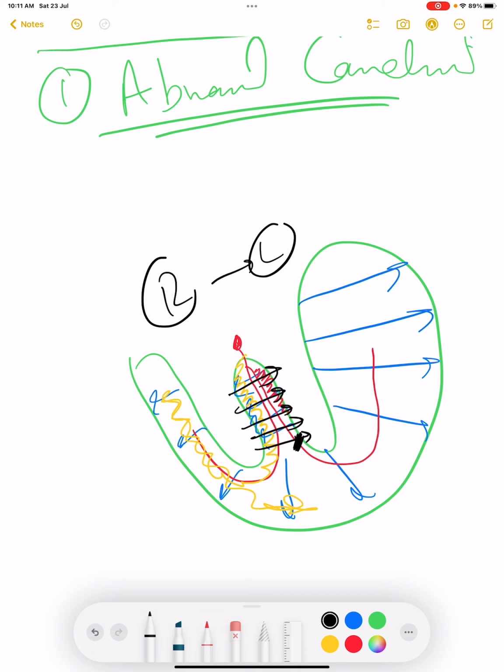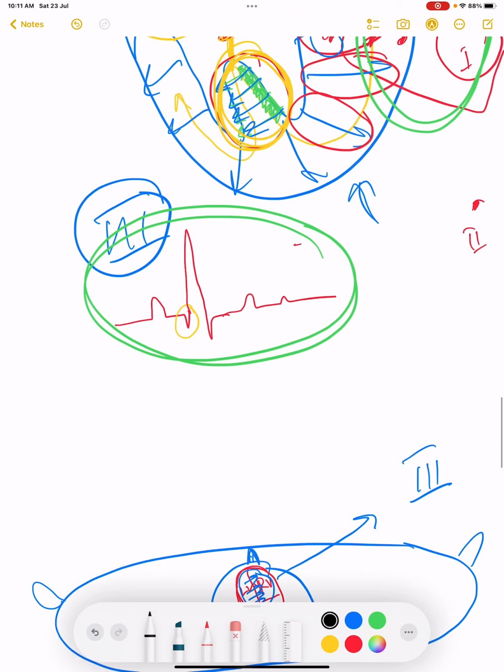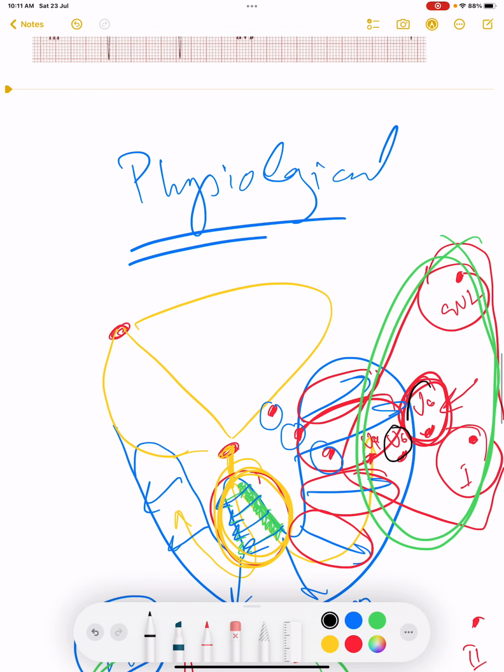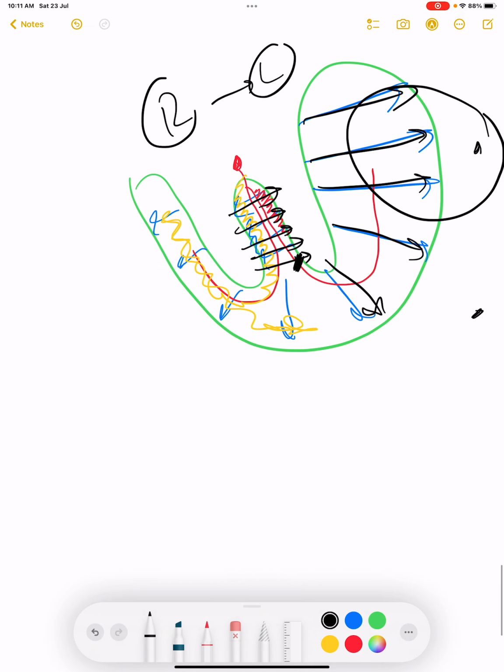When the septum is depolarizing from right to left side, and the ventricle is also being depolarized from inner to outer, which is also right to left side, then in the lateral leads I mentioned above, V5, V6, 1 and AVL, we will not see a normal negative Q wave. We will see just a QRS complex.